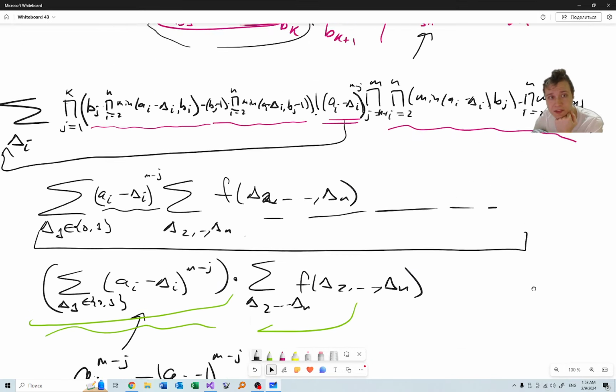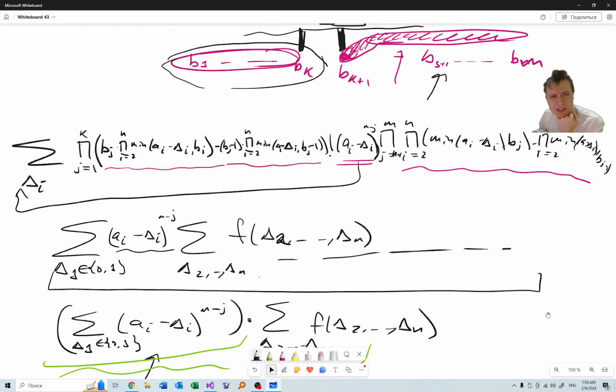Let me write it again. We have a sum, actually, but inside this sum we have a product. So let's assume that we have AI equal to bj, and let's assume that delta I equals 1.